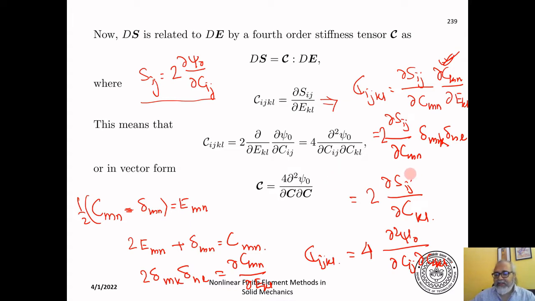So either way, we can use either this or this, and in either case, we'll have to take the second derivative of the strain energy density function given in terms of E or in terms of C, with respect to E or C. So that's what we have to do, and let's now do a problem where we try this out.